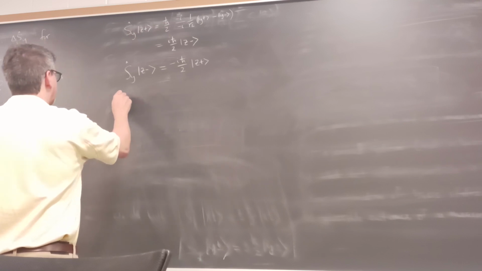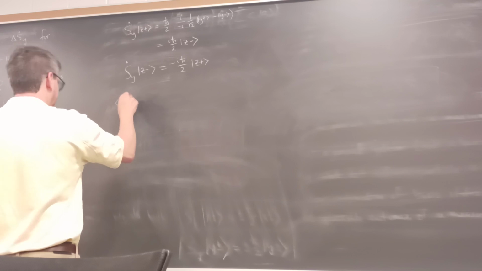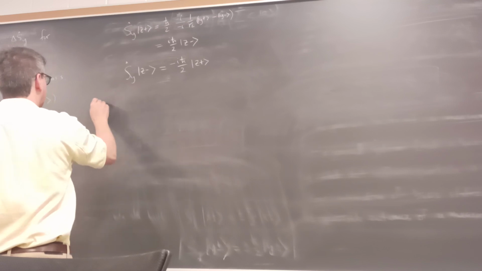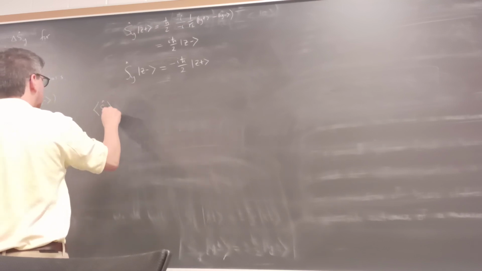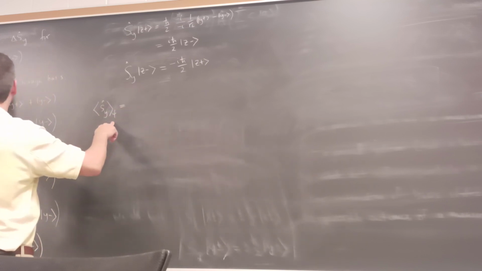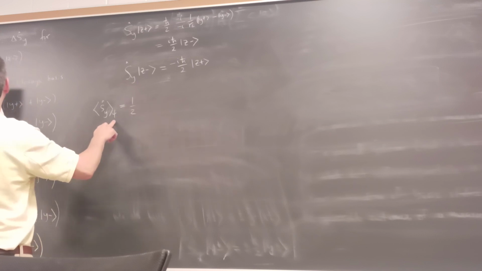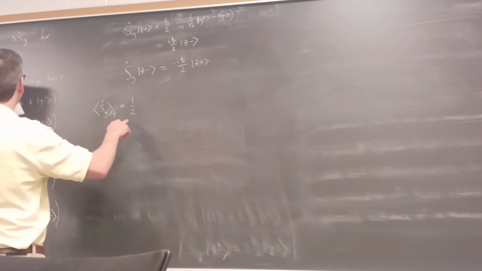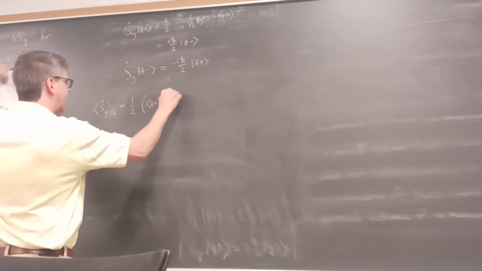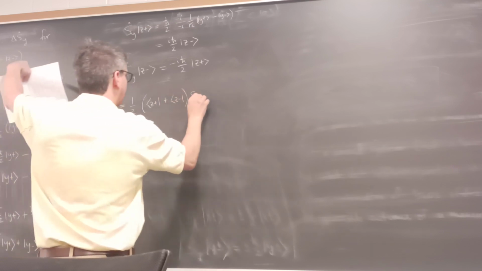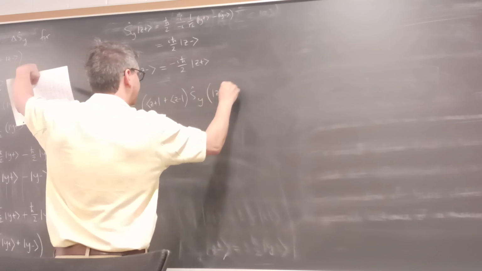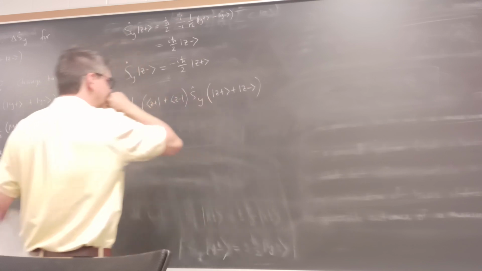Okay. So the expectation value, if we have our state ket psi, well, I'll have a factor of a half coming from the bra and the ket that I make out of psi, and then I'll have Z plus, Z minus, S_y hat, Z plus, Z minus.